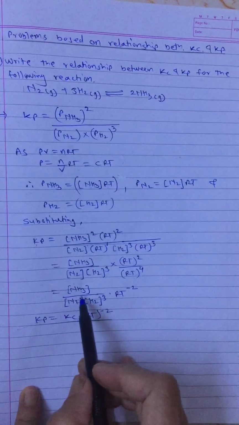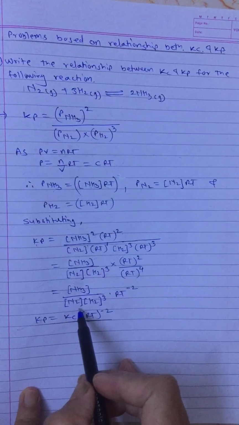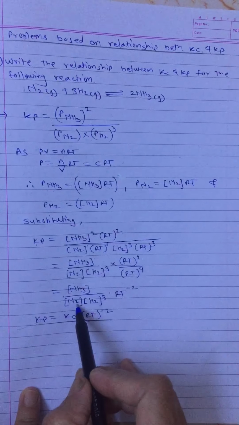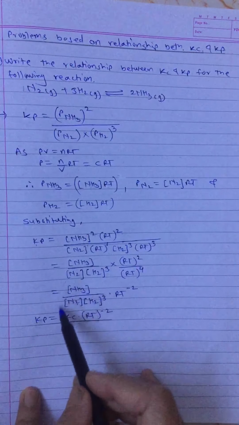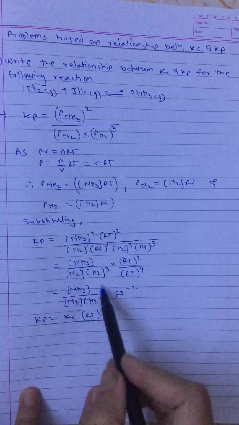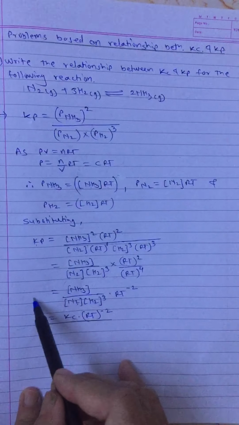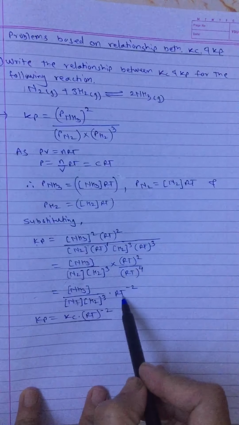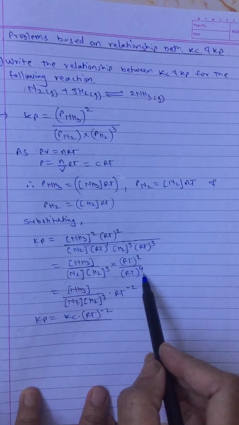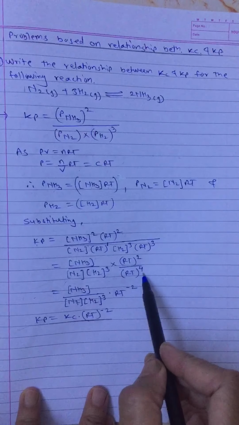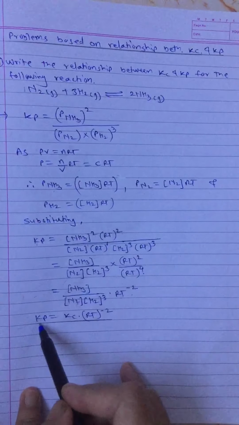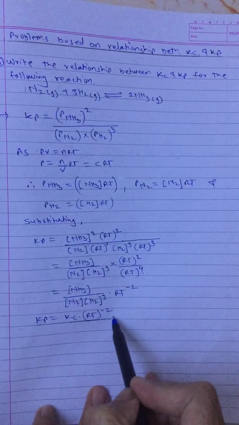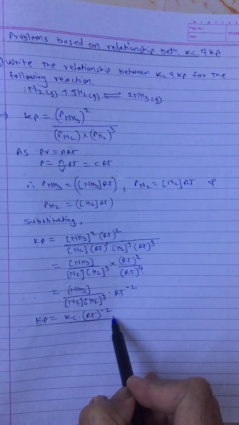So concentration of ammonia upon concentration of N2 into H2 raised to 3, this is nothing but Kc, isn't it? The Kc expression. So Kp is equal to Kc into RT raised to this 2 minus 4. Simple mathematical steps. That is equal to minus 2. So Kp is equal to Kc into RT raised to minus 2.